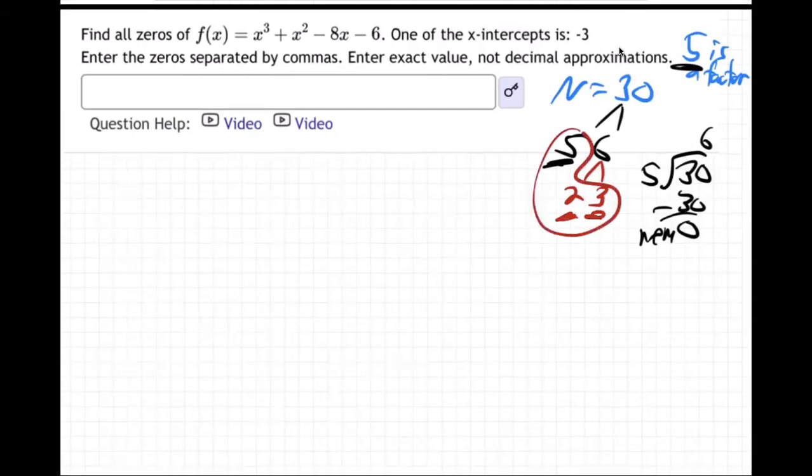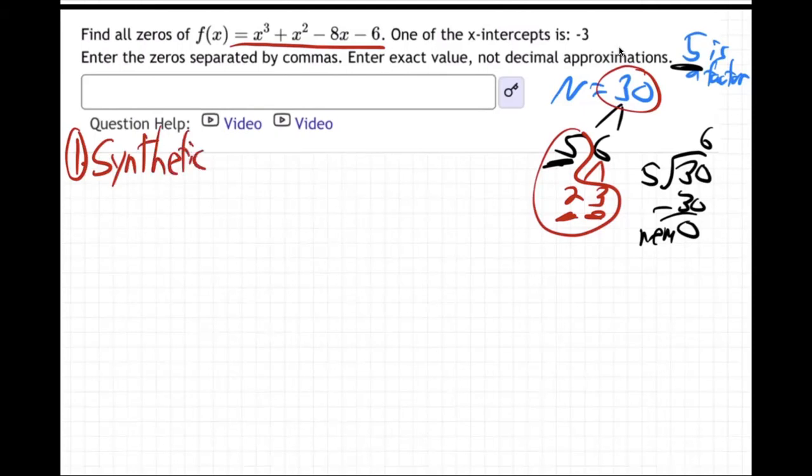Well, that's kind of like what we're going to do for this big old polynomial with x's, just like we did for the 30 with numbers. Same idea. So the first step, as it says, step number 1, synthetic division. We're going to divide. It's called synthetic division because it's fake division. It means shortcut. We don't have to do the whole long division.